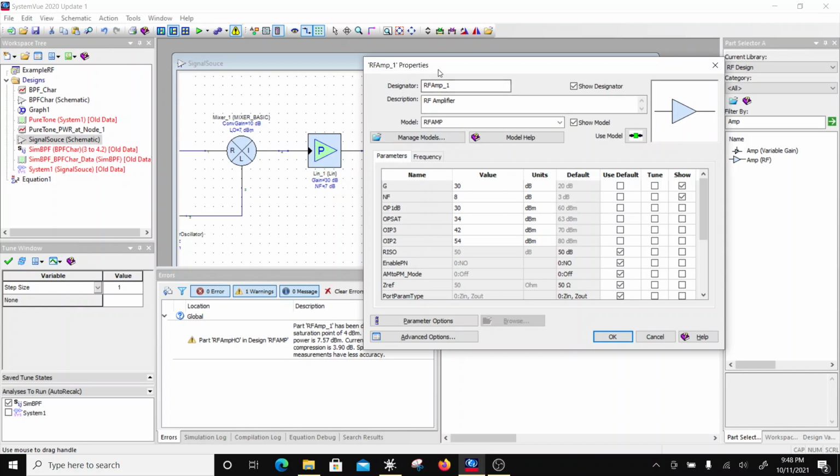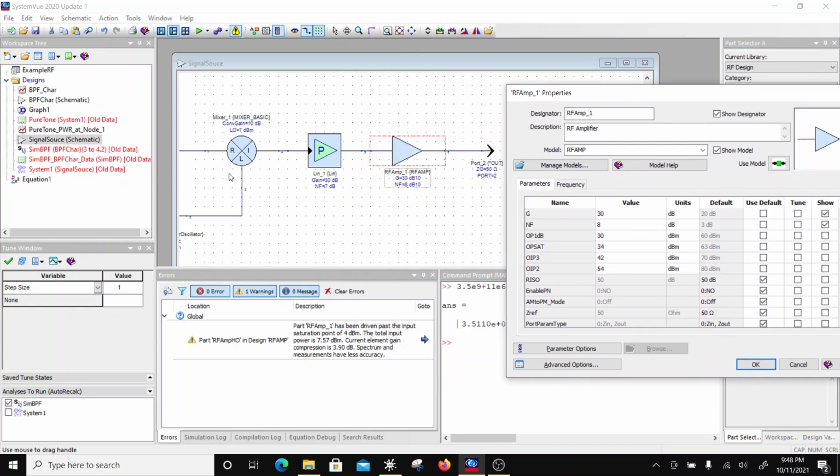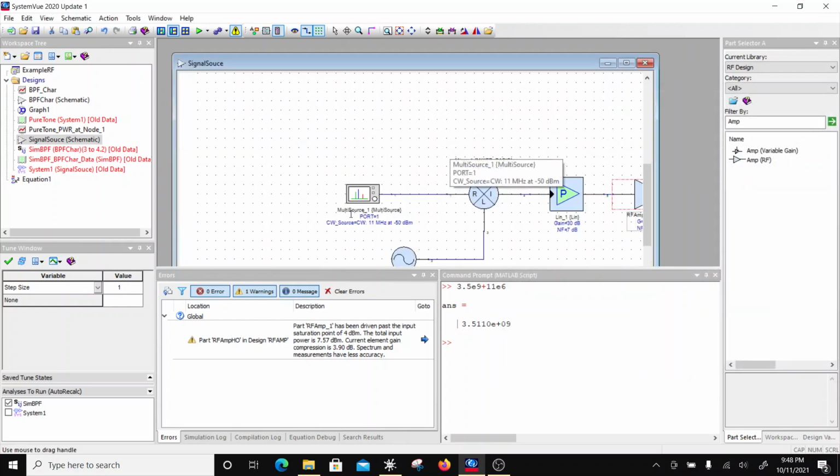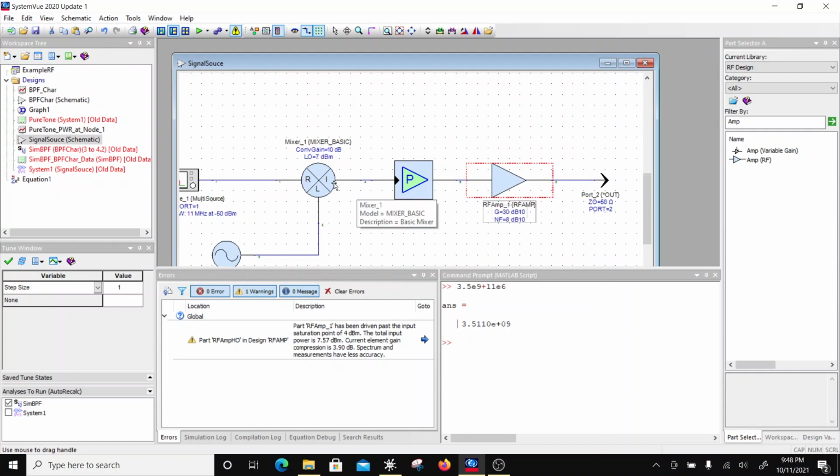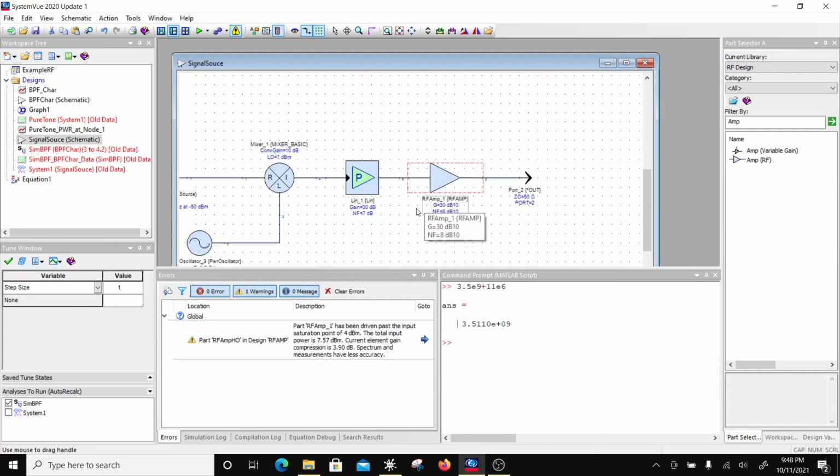So if I put minus 15 here, so just do the maths. If I put here minus 50, then it will be minus 40, and then this will be gain of 30. Minus 40 plus 30 minus 10, right?